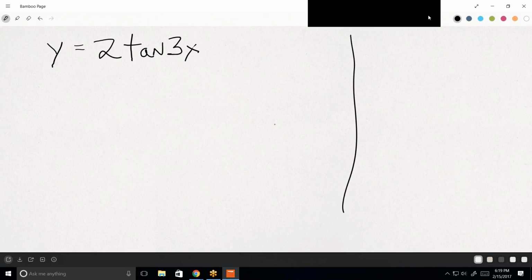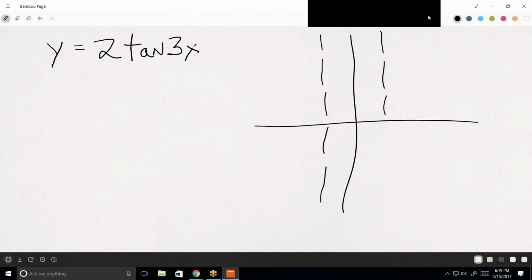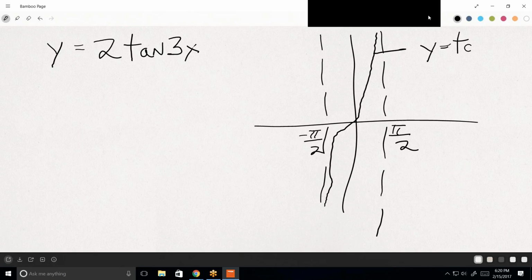If I draw my basic tangent curve, it has these asymptotes, goes from minus pi over 2 to pi over 2, which makes its period what? Pi. So that's y equals tan of x.